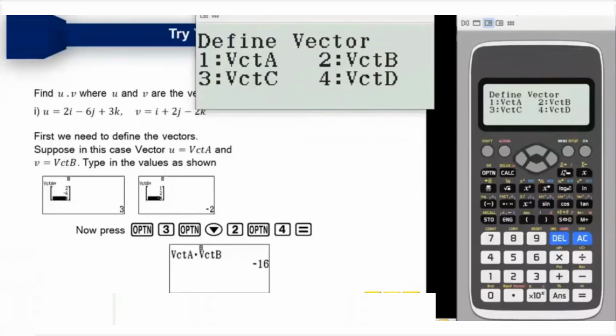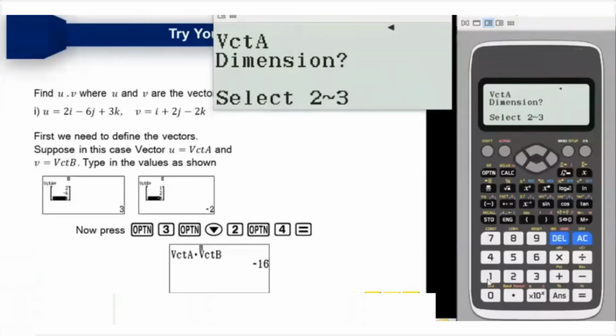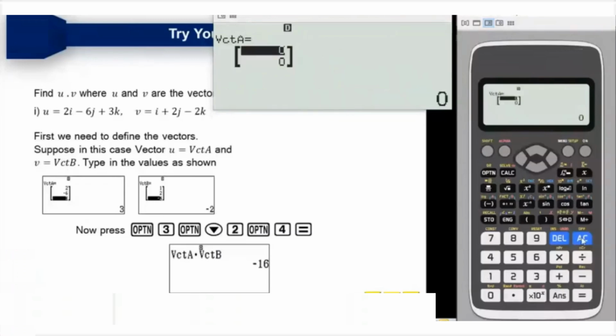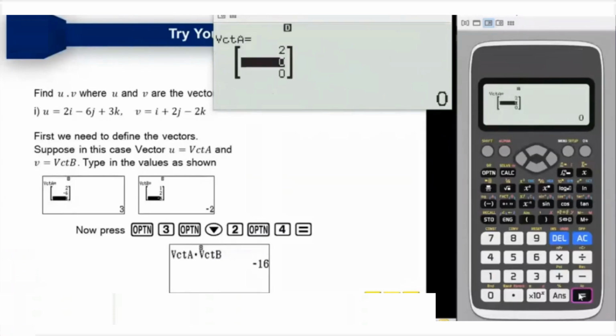First we will suppose that vector u is vector A and vector v is vector B. So option number 1, vector A is a 3-dimensional vector, which is 2i. So 2 equals, minus 6j, minus 6 equals, and 3k, 3 equals. So 2, minus 6, 3 is vector A.